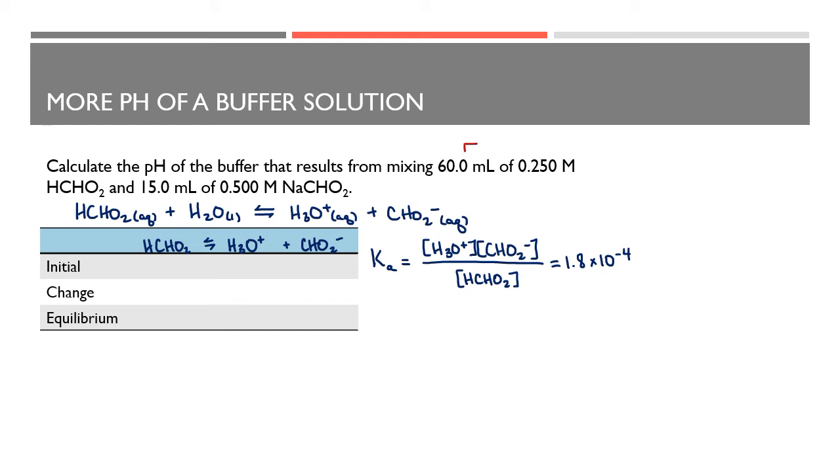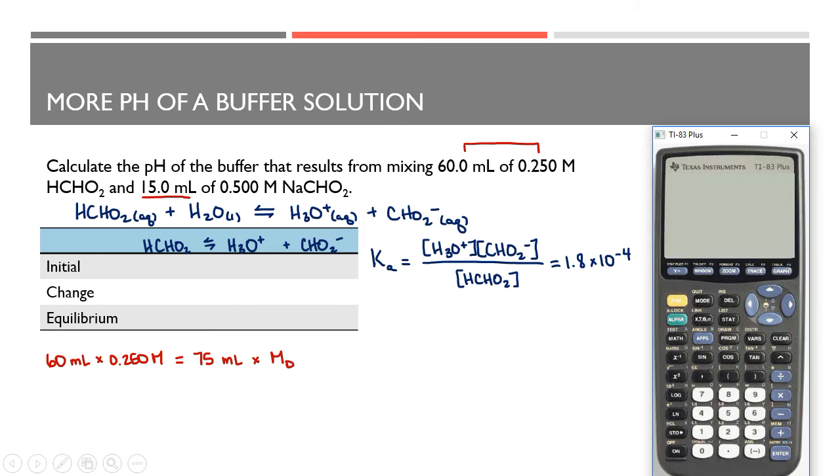Now one thing I'm going to keep in mind here is that I don't have initial concentrations. All I have are volumes and concentrations of different substances. So if I have 60 milliliters of a 0.250 molar HCHO2 solution and I combine that with 15 milliliters of another solution, the real concentration, the real molarity of my final solution is found using the dilution equation.